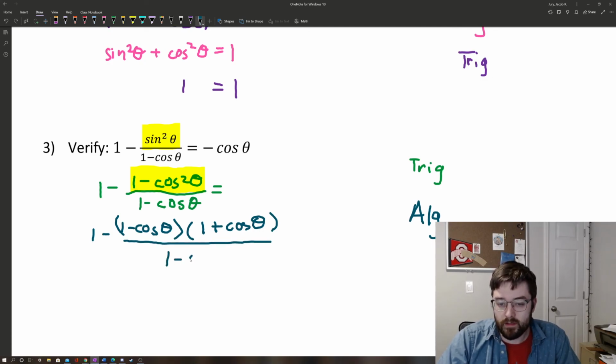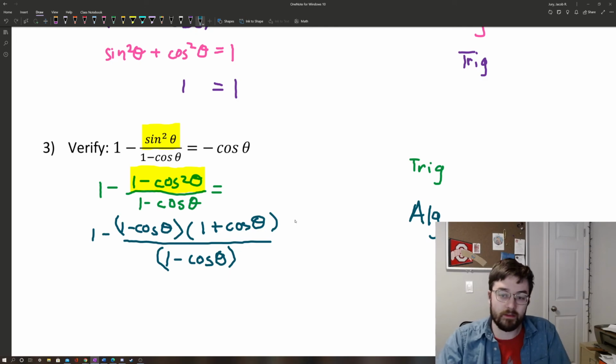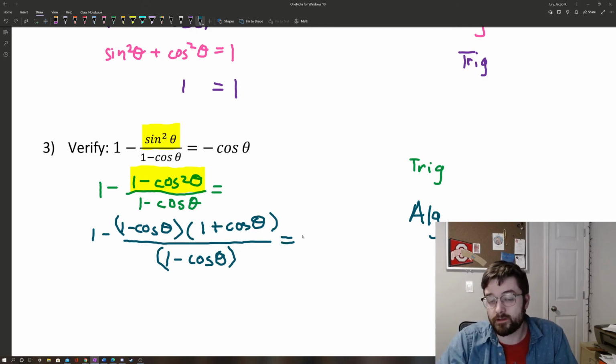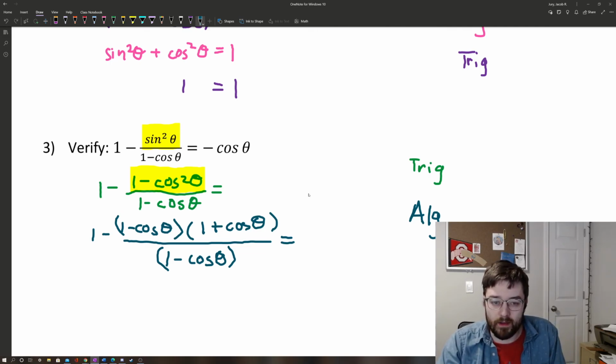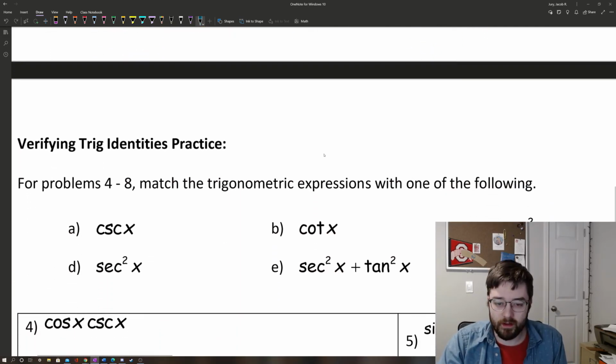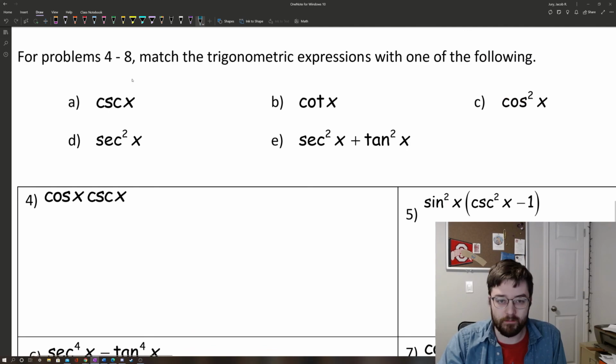Now that we're at this point in the video, I've started this third one and I'd like you to finish. See if you can find the target from this point, and I'll show you the answer at the very end. I'm also going to start off this matching so that you might be able to see it, and I'll show you the answers.